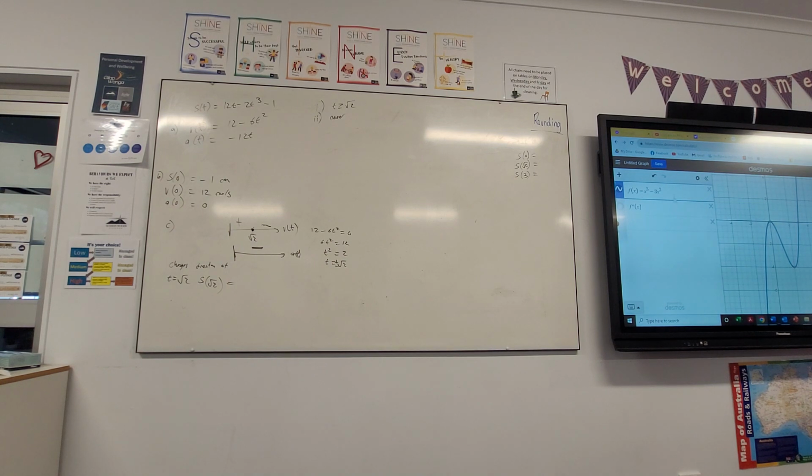Trace it. So our function is 2x to the 3, take 1. And we're talking about x equals square root 2.